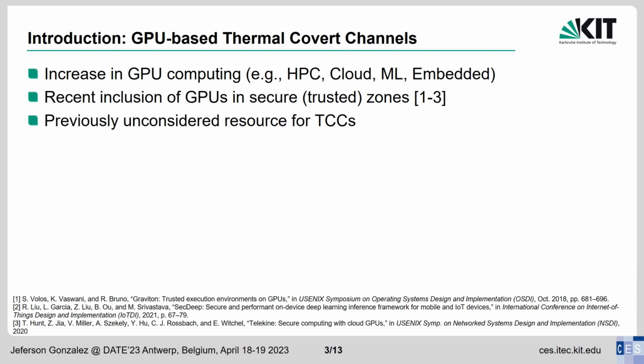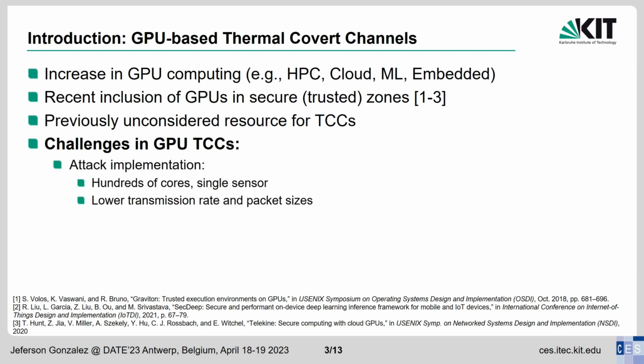But before getting into details, we should discuss the challenges that make GPU thermal covert channels unique. First, in the attack implementation, GPUs are comprised of hundreds or even thousands of cores, typically with a single thermal sensor for the whole device. This means that raising the temperature involves highly parallel computation, and cooling it down requires more time than it would take for a CPU.